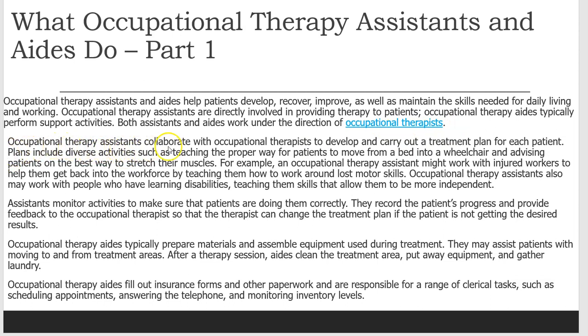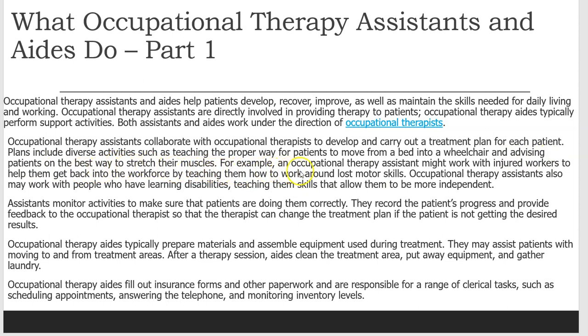Occupational therapy assistants collaborate with occupational therapists to develop and carry out a treatment plan for each patient. Plans include diverse activities such as teaching the proper way for patients to move from a bed into a wheelchair and advising patients on the best way to stretch their muscles.